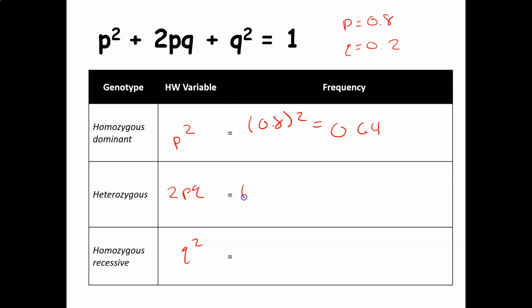My heterozygous frequency is 2 times 0.8 times 0.2, and so I end up with a frequency of 0.32 or 32%. And my recessives, let's just double check ourselves. 0.2 squared gets me back to the 4% that I started with.